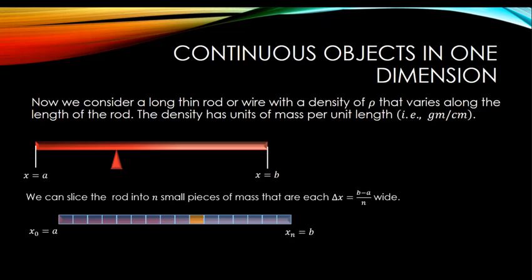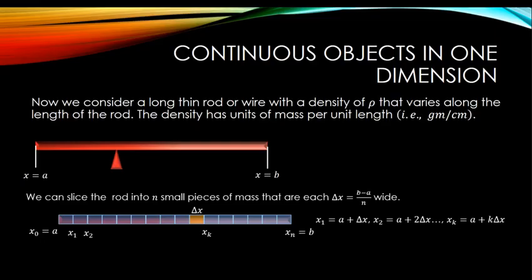I dice up my rod, and I say that x sub 0 is equal to a and x sub n is equal to b. Then I have x sub 1, x sub 2, and then somewhere down that rod I've got x sub k as one of the locations at one of the slice marks I've made in my rod. This is my x sub kth interval that is delta x wide.